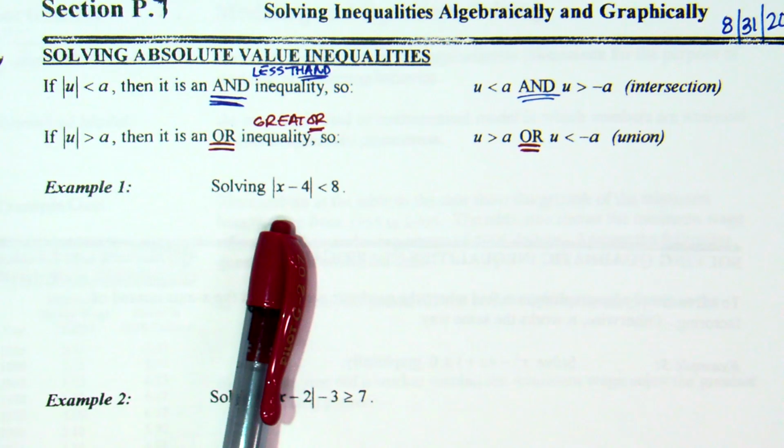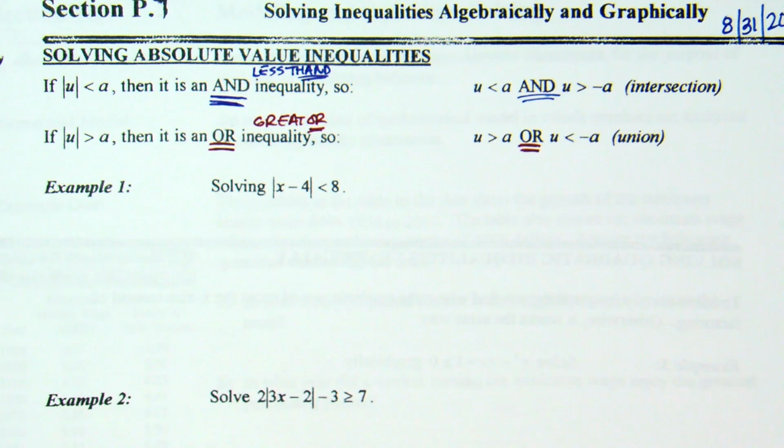Isolated? Isolated is the word I generally tend to use. But always check and make sure before you set up your two statements. Is your absolute value isolated? So in this case, is my absolute value by itself? Yeah, because I just have absolute value of x minus 4 by itself on the left.